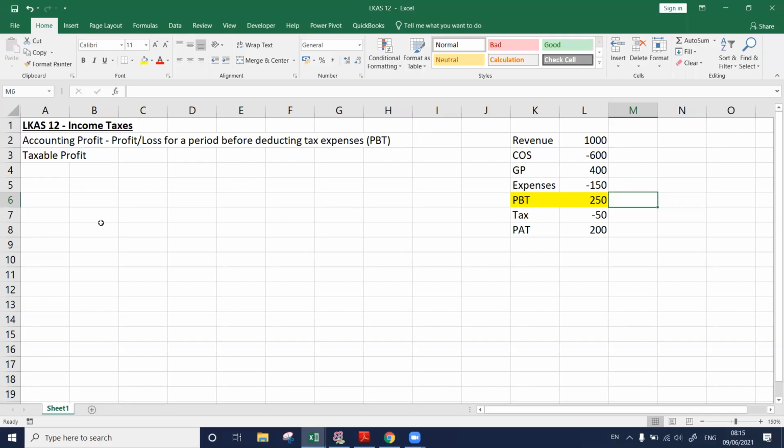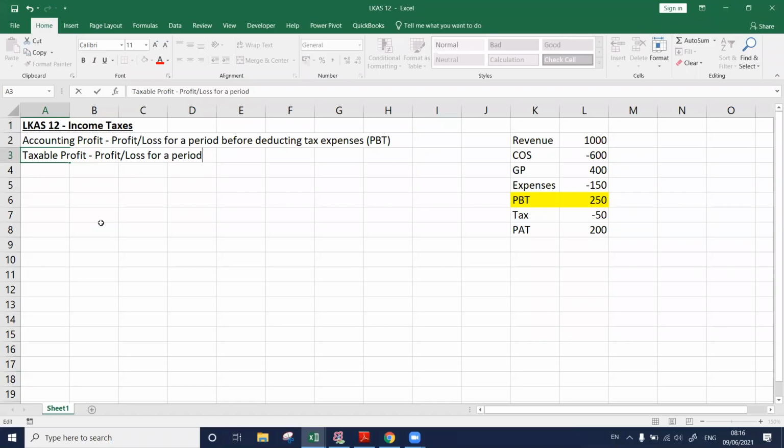Then what is taxable profit? This you know. Even yesterday you did a quiz on this, right? What is taxable profit? Taxable profit is the profit or the loss for a period, right?